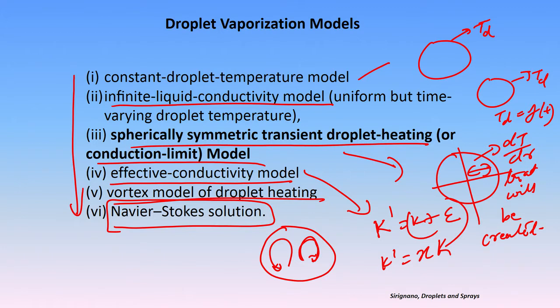The fourth one is a variation of the third one. Basically you just improve on the conductivity limit. And then the vortex model is somewhere in between the Navier-Stokes equation and the no flow situation. That means you incorporate a flow field and try to see the dynamics of that. And the last one is the full fledged solution of the Navier-Stokes equation, which is the correct way of doing this.